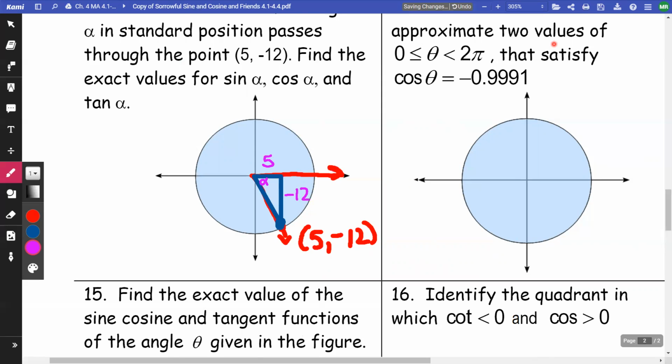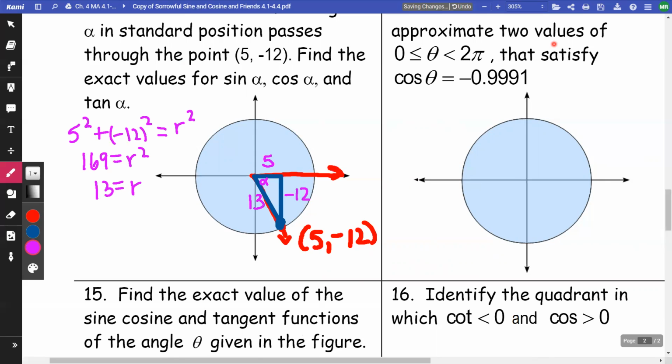And if I do Pythagorean and I go 5 squared plus negative 12 squared is equal to basically the radius squared, if you want to think of it as the radius of the circle, I am going to end up with 169, and the square root of that is going to be 13. So this is really a 5, 12, 13 right triangle.